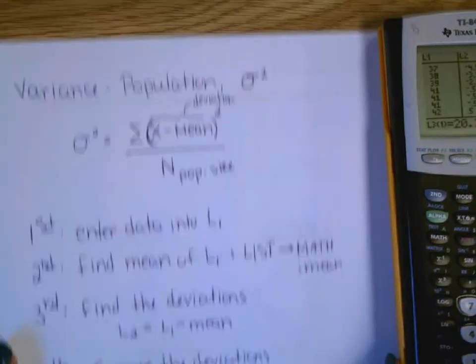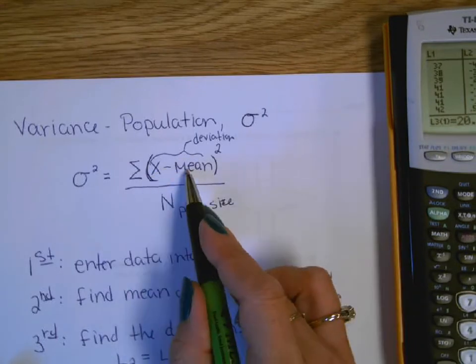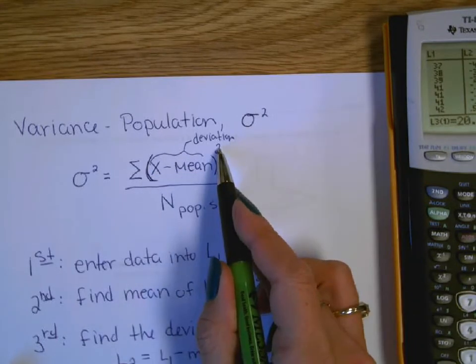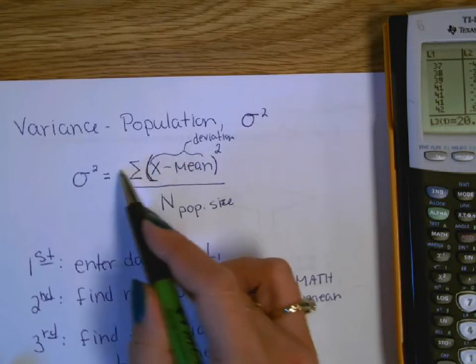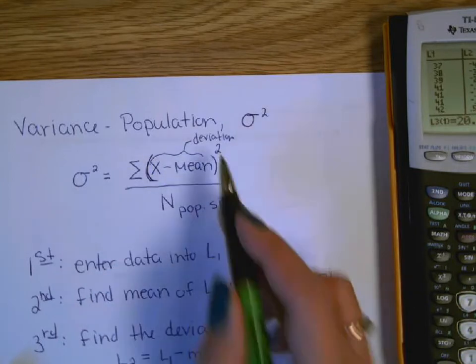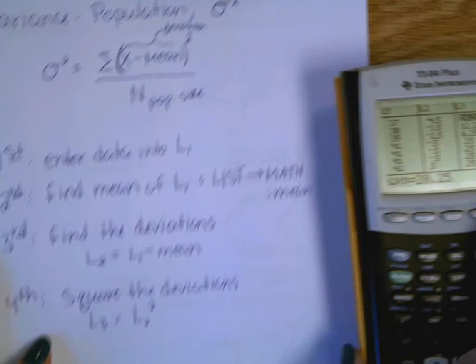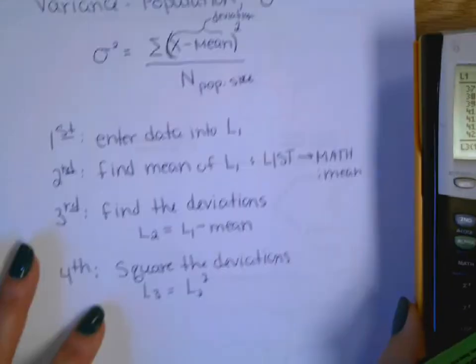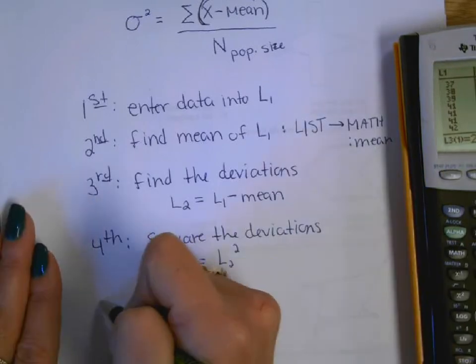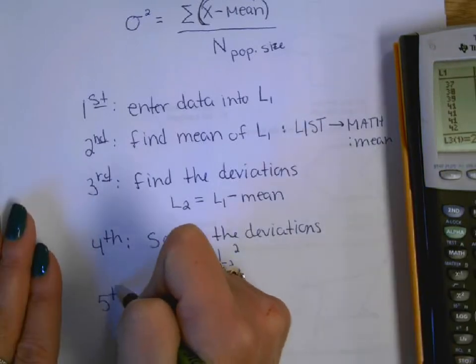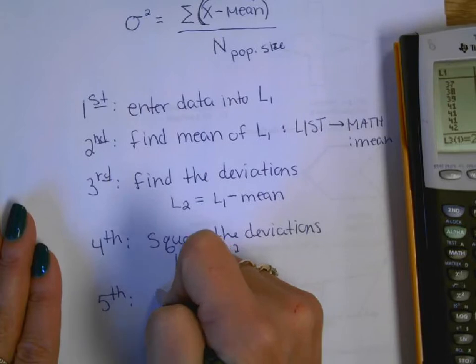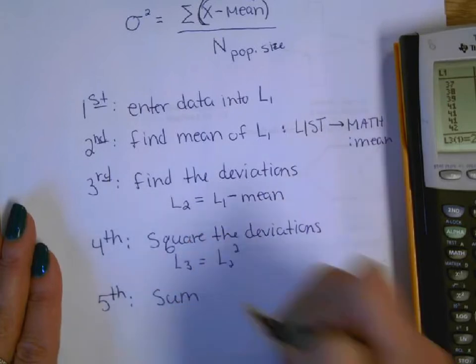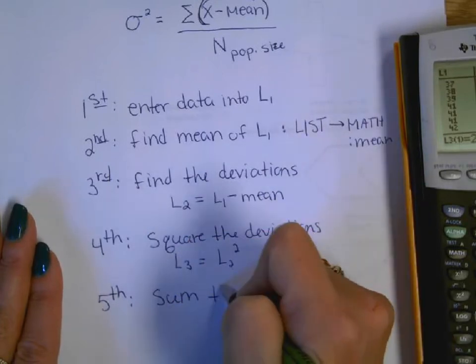Okay? Looking at the formula, we've done the subtracting, and we've done the squaring. Now I want to add up all of those squares. We can use that list math to sum up a list. We did that before. So our fifth step is going to be to sum the squares.